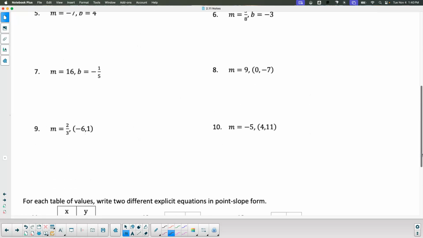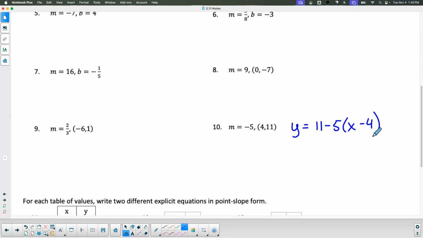So we've got the slope and a point, right? So we could use the point slope form. If I use the point slope form, then that's going to be y equals 11, because that's my y value, plus -5, so I'm just going to write -5 times x minus 4. With me on that? Okay, that's the point slope form.